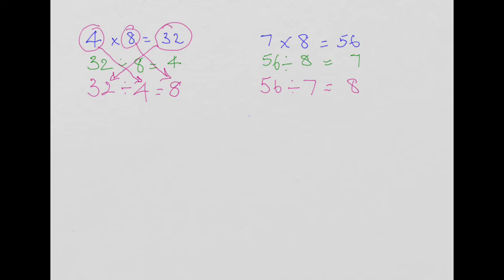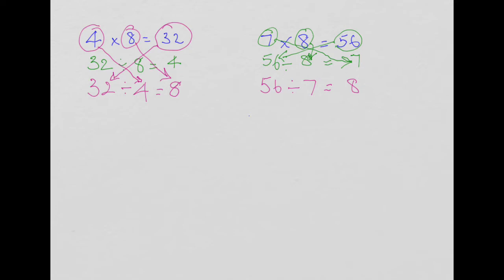If we do the green one, the number here goes to there, the number here stays where it is, like that, and the number here goes to there. A little bit complicated with all these arrows in it, but that's how it works.